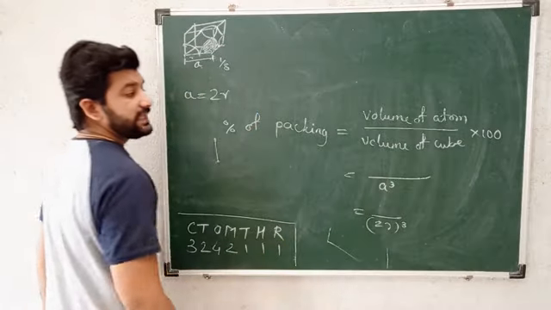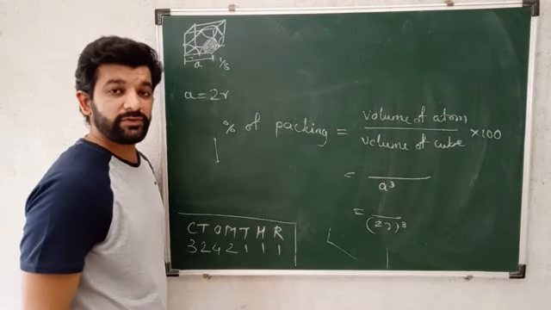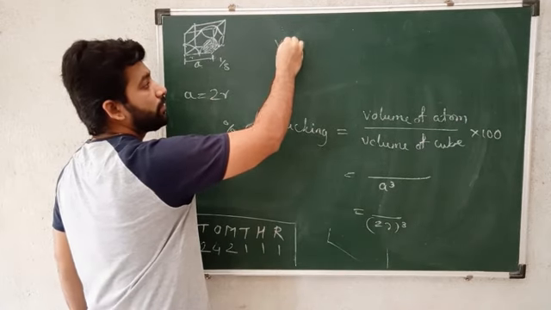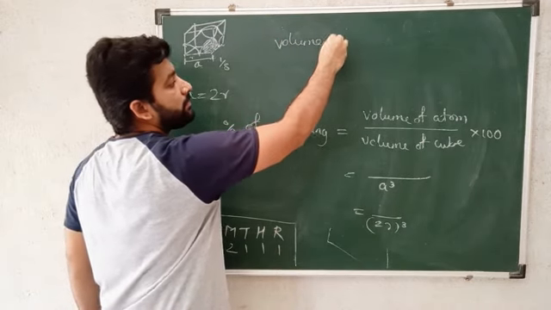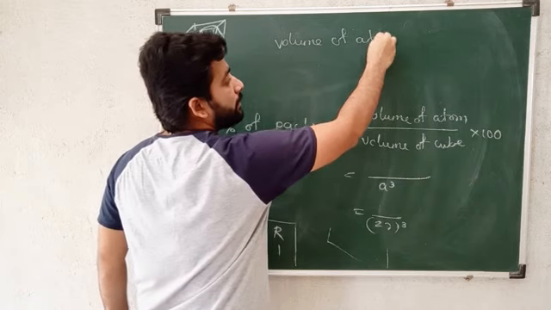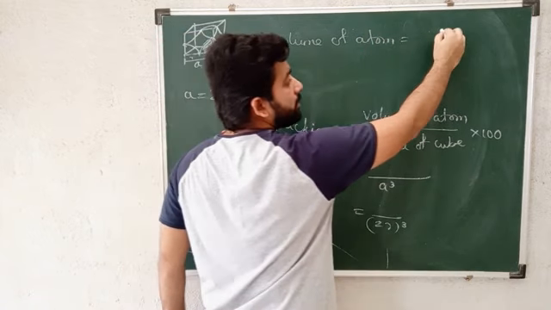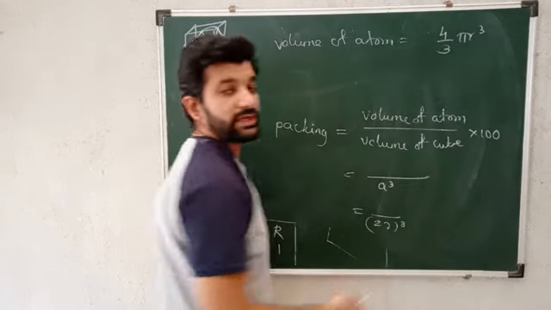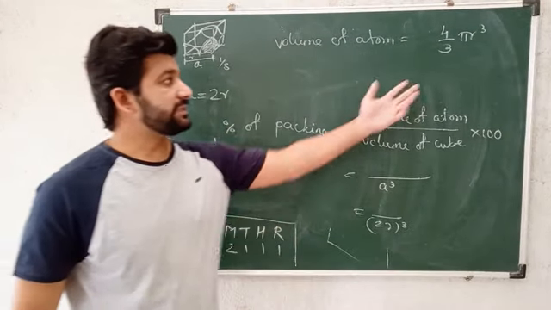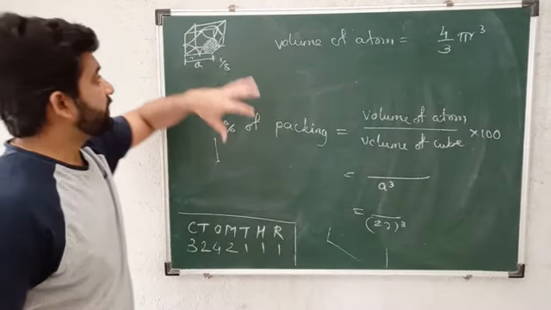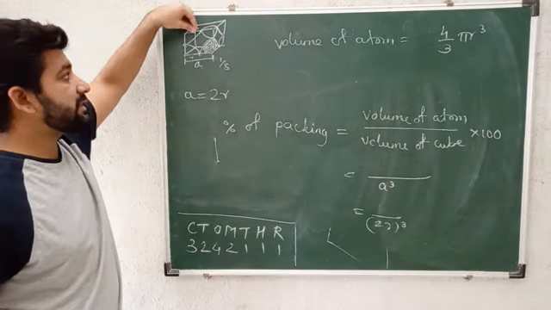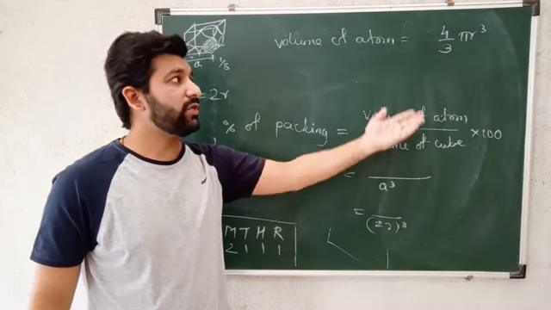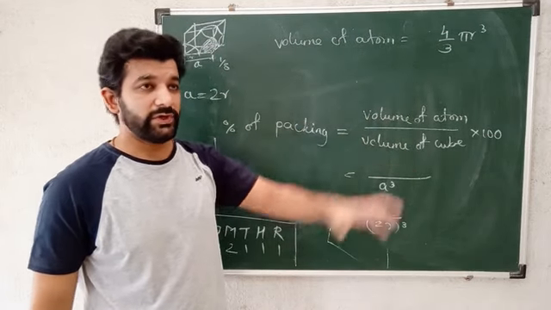2R cube. Next we want to find out the volume of atom. As we know, the volume of atom can be written as what? 4 by 3 pi r cube, because we are considering it as a sphere. That's why this is the volume of sphere. But first we should understand how many atoms are present. Depending upon the number of atoms, we will understand how many volume of spheres we have to calculate.